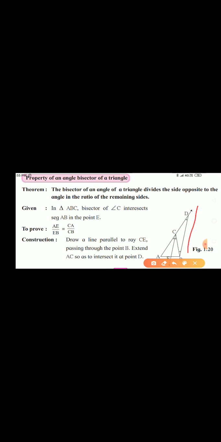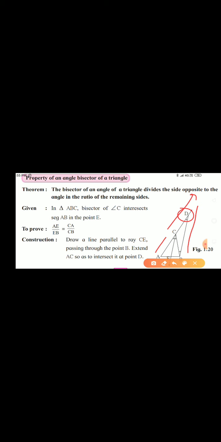We draw this parallel line to ray CE passing through the point B, and extend AC. We have to extend this side AC, and that line intersects AC at point D. So here is the point of intersection. So this is our construction.